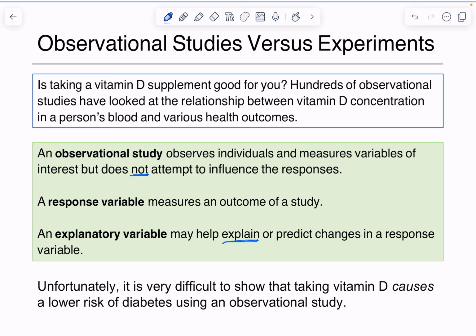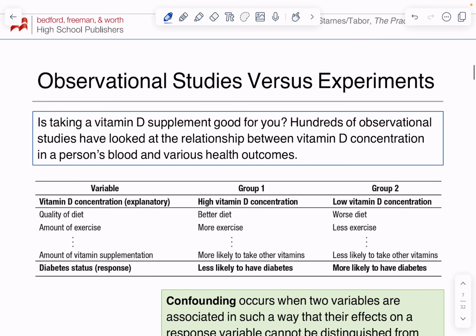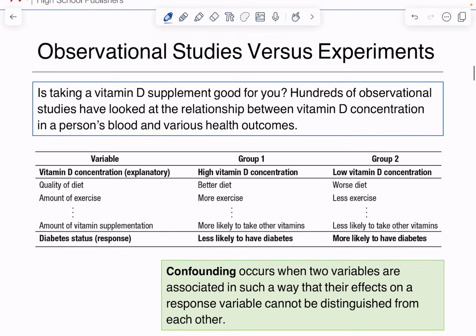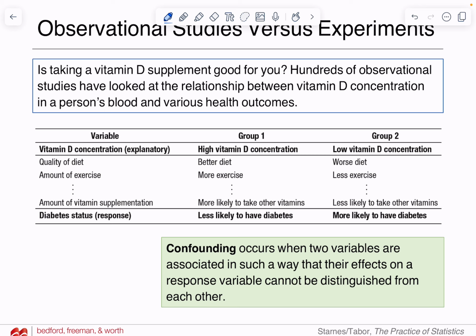So we're going to follow this example about vitamin D. Is taking vitamin D supplement good for you? Hundreds of observational studies have looked at the relationship between vitamin D concentration in a person's blood and various health outcomes. Okay, so with an observational study, we can't say vitamin D causes anything, like if it causes a lower chance of diabetes, for example. All right, so we have the variable that we're looking at, vitamin D, but we also have other variables we're not looking at per se.